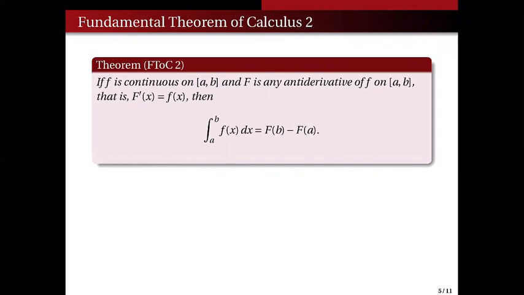In the last lecture, when we solved definite integrals, we used the definition, the limit of Riemann sums, or maybe we used the area. This time, this theorem helps us solve the definite integral by searching for an antiderivative, and then we just evaluate.